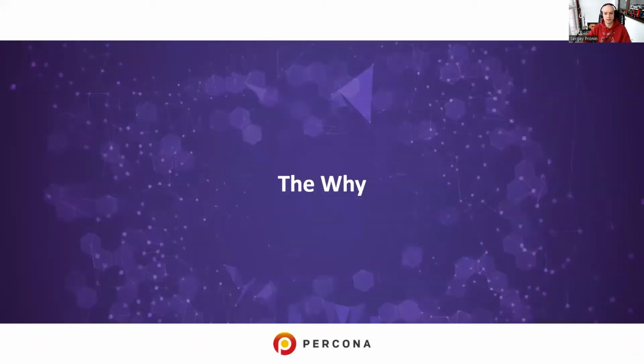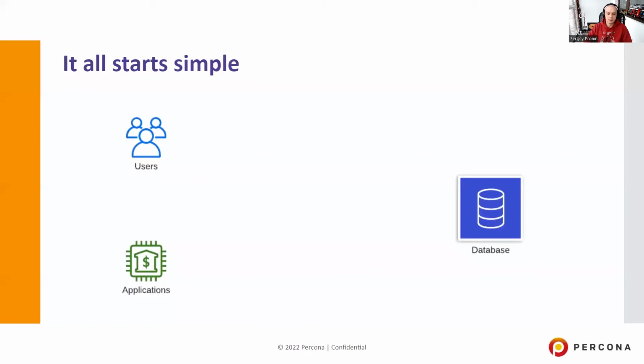The whys, right? Again, dynamic user creation, Kubernetes, how it all fits in, HCP Vault, no idea. So databases, right? In a nutshell, databases are quite simple, and the story is the following. You have a user or an application on the left, and on the right, you have a database.